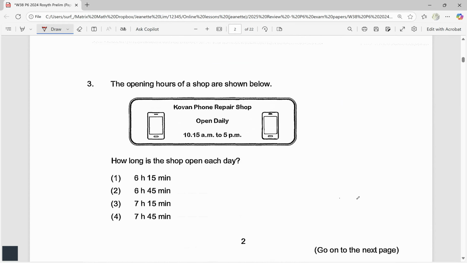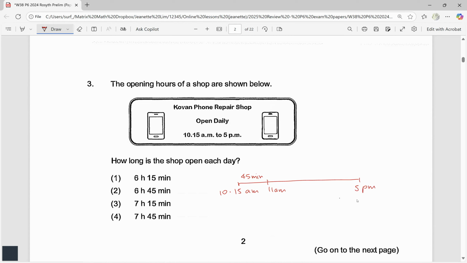Question 3. The opening hours of the shop are shown below. How long is the shop open each day? So from 10:15 a.m. all the way to 5 p.m. You can use the timeline. So you can break it up to the nearest hour, which is 11 a.m. So 10:15 to 11 would be 45 minutes.